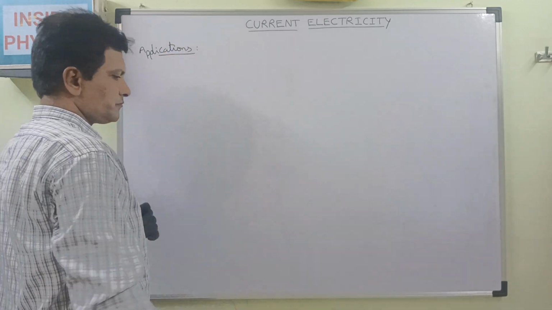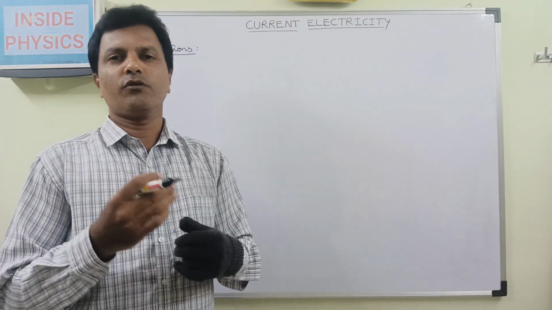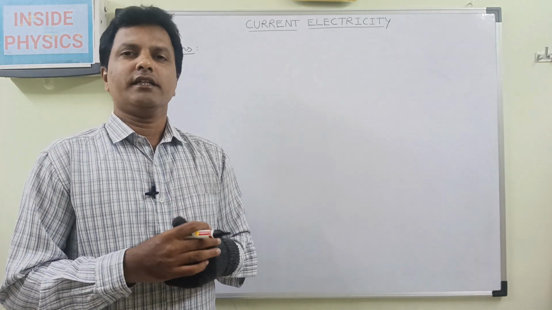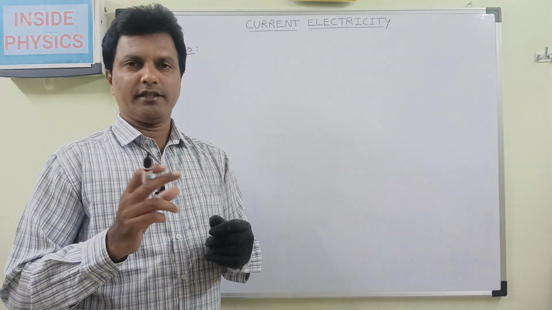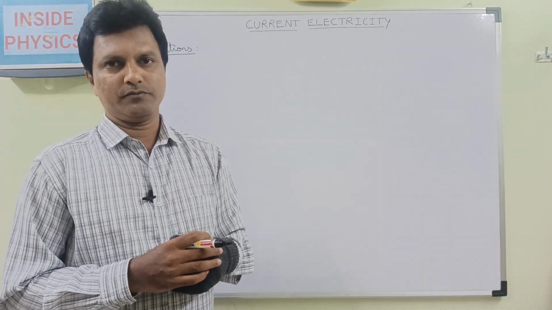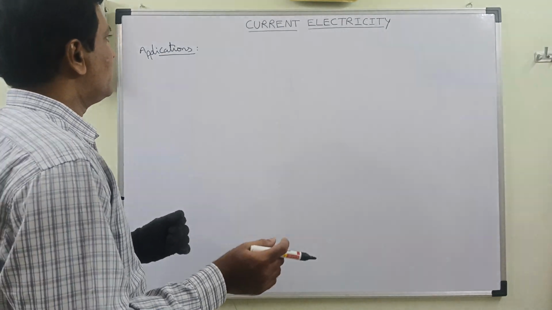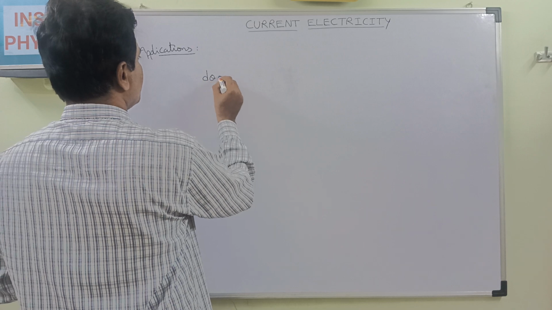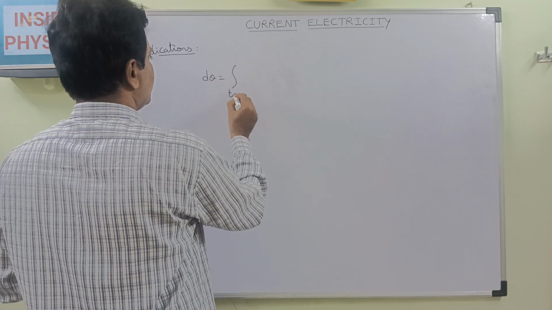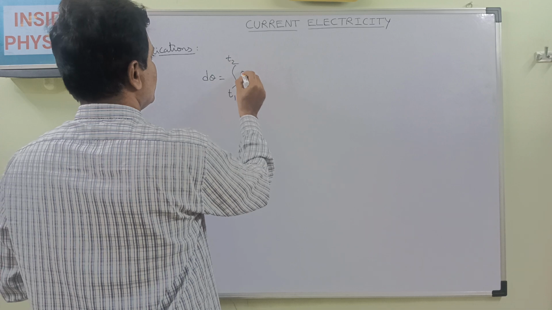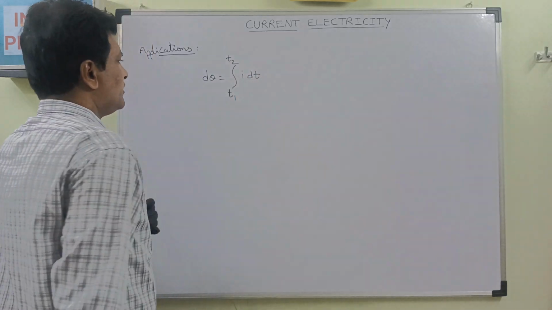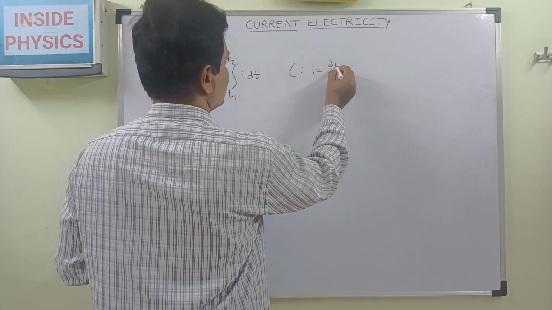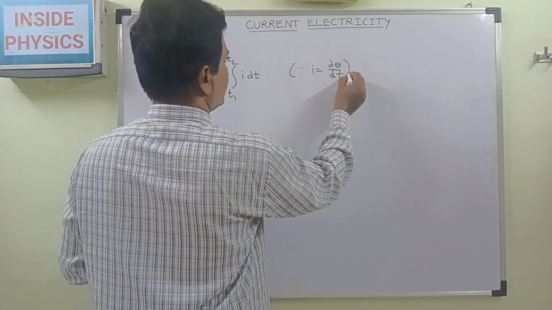If a charge is flowing through a conductor of cross section between a time limit of t1 and t2, then we can write dq is equal to the integral from t1 to t2 of I dt, since we know that I is equal to dq by dt.